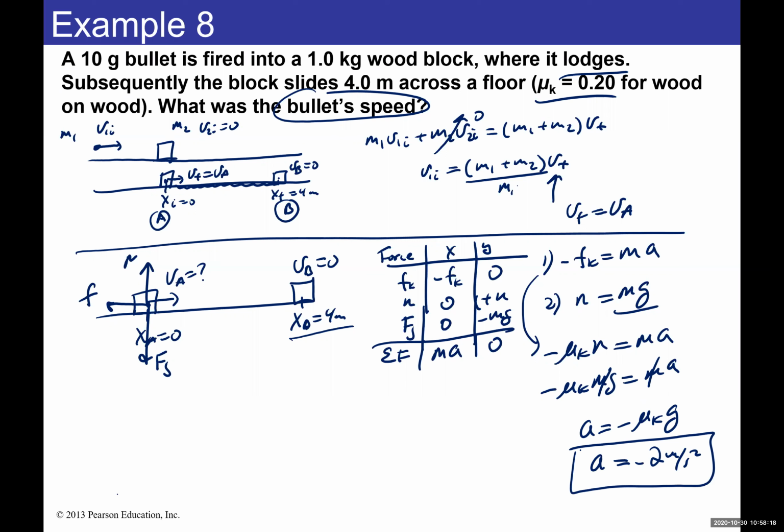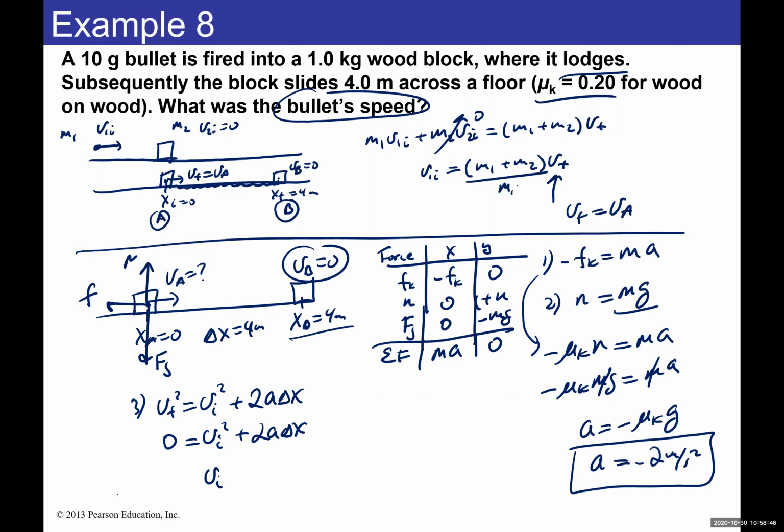Now that I have acceleration, all I have to do is use kinematics because it's constant acceleration, and I have displacement, delta x equals 4 meters, and final velocity, which is 0. Then I can use kinematic equation 3: V final squared equals V initial squared plus 2 times acceleration times delta x, becomes 0 equals V initial squared plus 2a delta x.